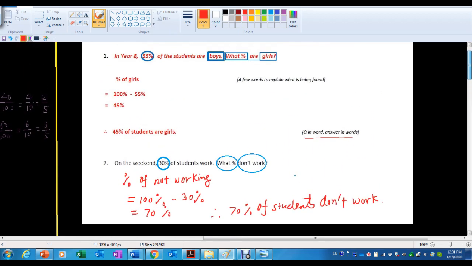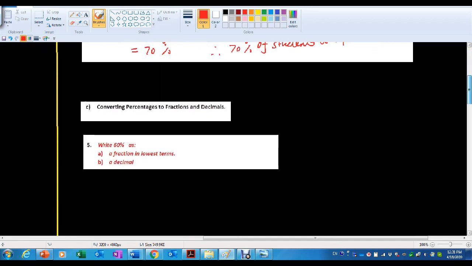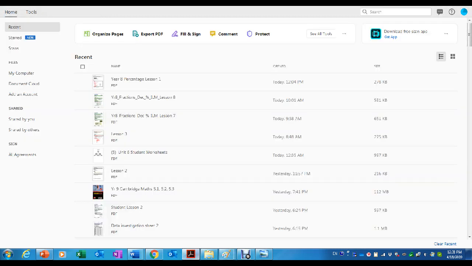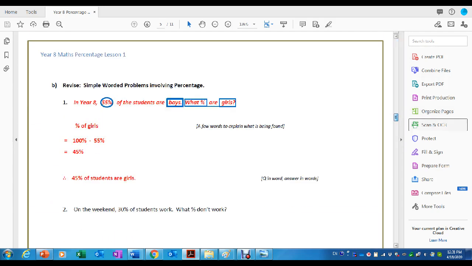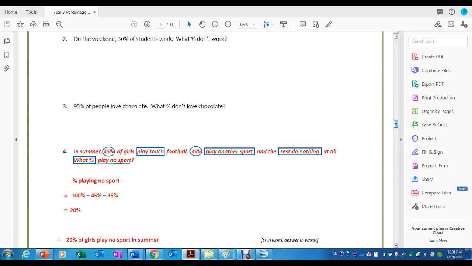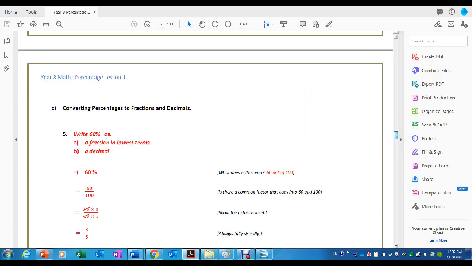Okay, all good? In the notes, after you finish the first one and second one, which I've done for you, there's still question 3, and question 4 is another one.